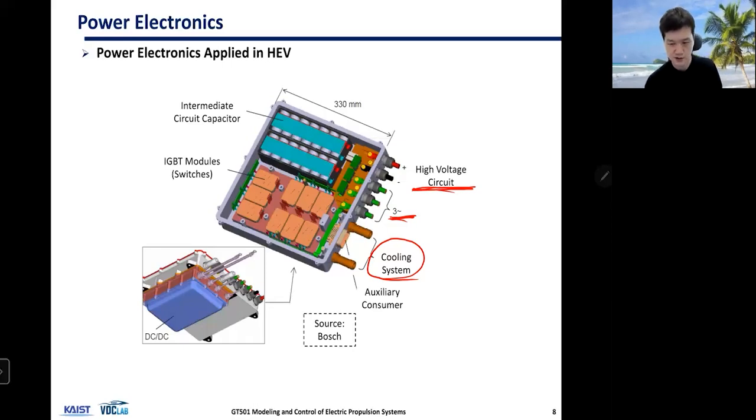So you do need a cooling system. Otherwise your component, your device will become very hot, and it will be very inefficient, or even the component can fail. Okay.